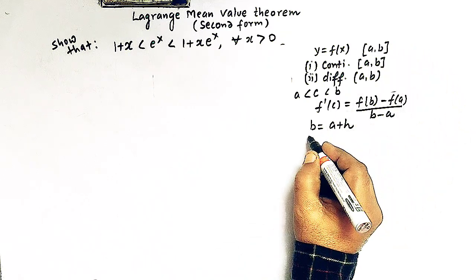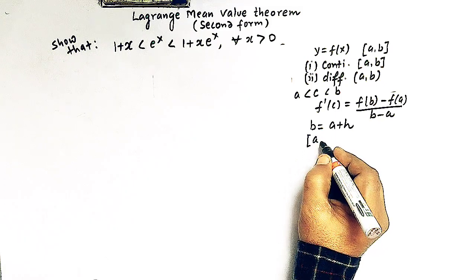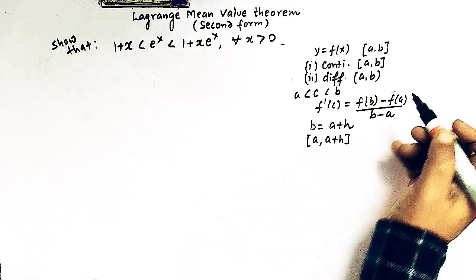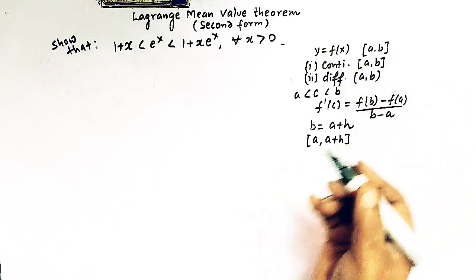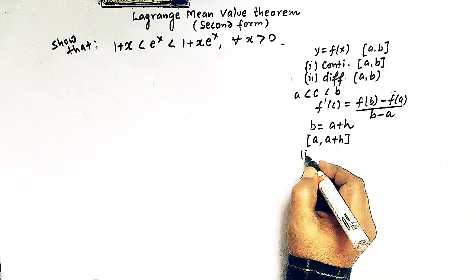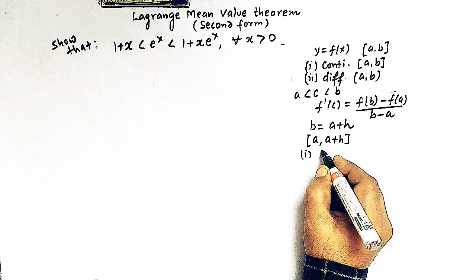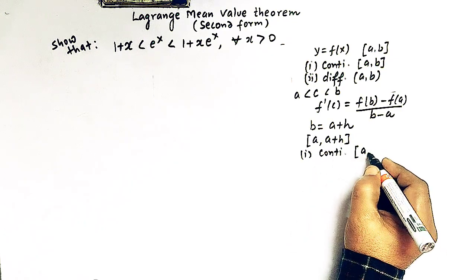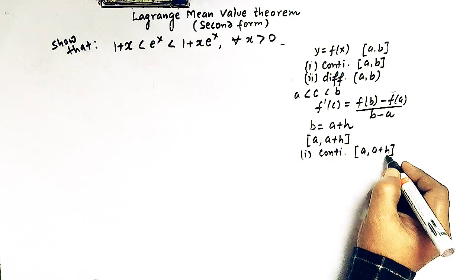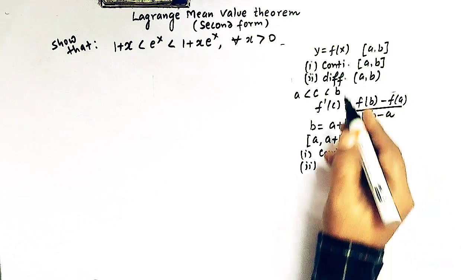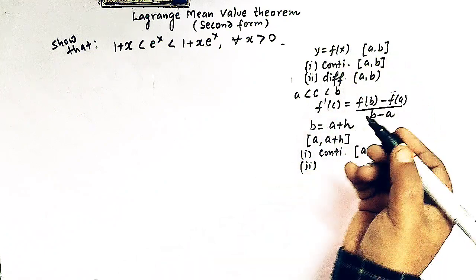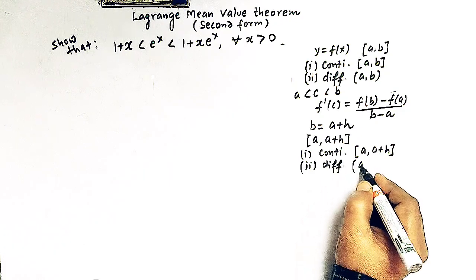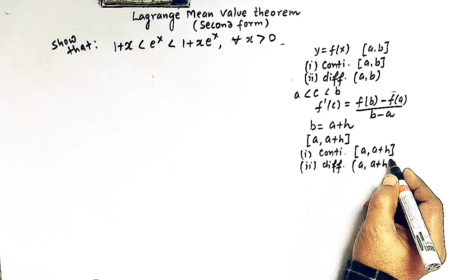Then the interval is a and a plus h, and the conditions remain the same: f of x is continuous in the closed interval a comma a plus h and differentiable in the open interval a comma a plus h.